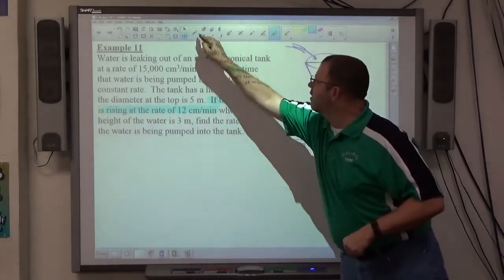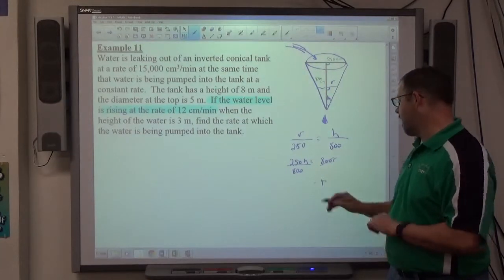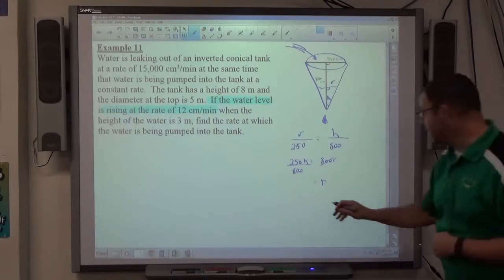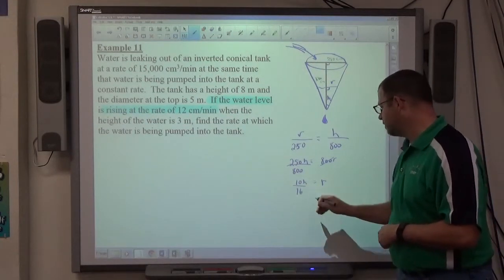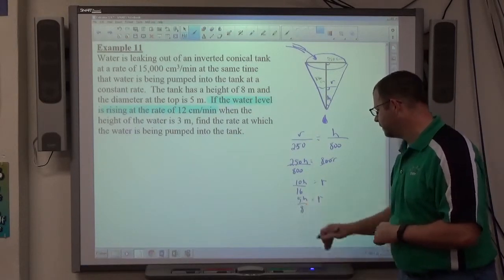Whatever you want to get out of the problem, get that letter equal to something else. So, if I divide both sides by 800, reduce as much as possible. Let's see, 250 divided by 25 is 10. 800 divided by 25 is 16. We'll go one more step from that, 5h over 8.